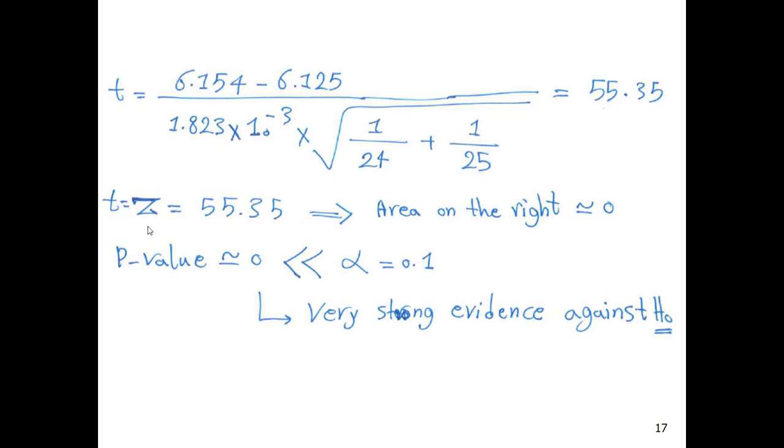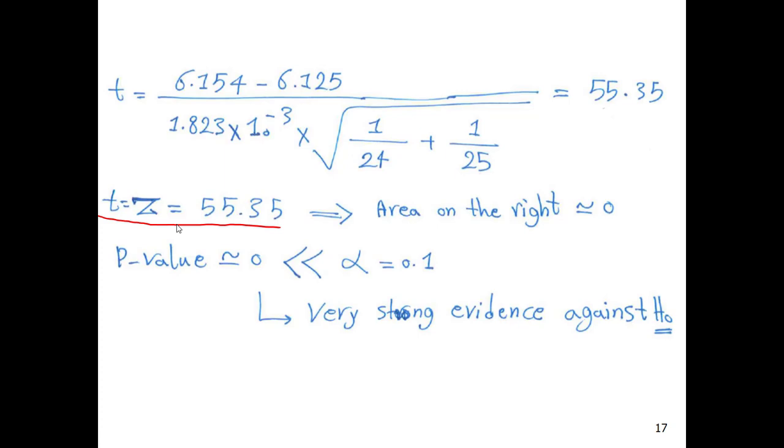So this is actually your z value, which is how much? 55.35. So you have to go find the area on the right of this z. It's a very small area on the right of the z.